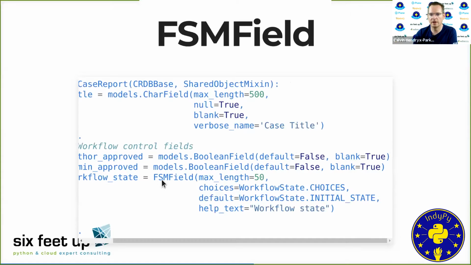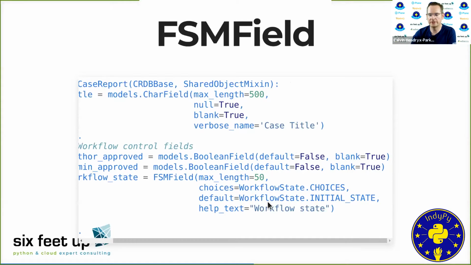When we actually set up our FSM field, we will have a set of choices. It's just a tuple of text choices like states: new, default, initial, processing, all those circles that were on our diagram, and now are becoming the choices for our workflow states.